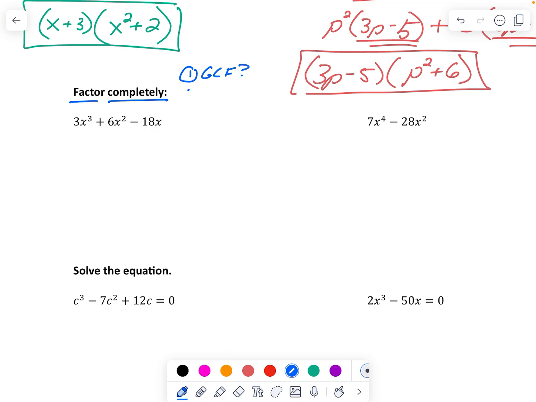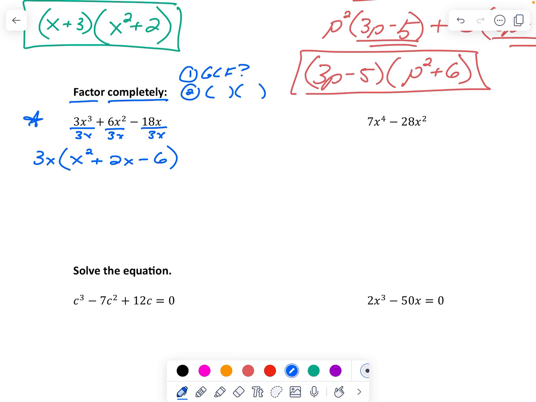Then we look for two parentheses. But first, you always check for greatest common factor. As we look at this first one, we do have a greatest common factor, 3x. So we're going to divide everything by 3x, and what's left is x squared plus 2x minus 6.